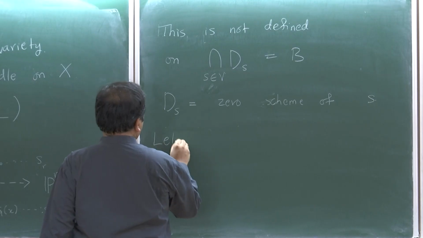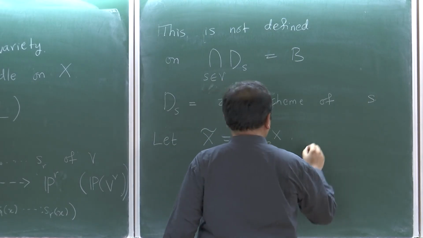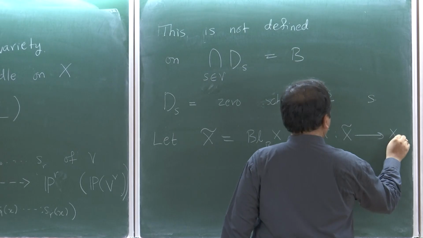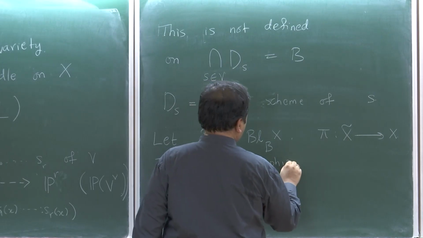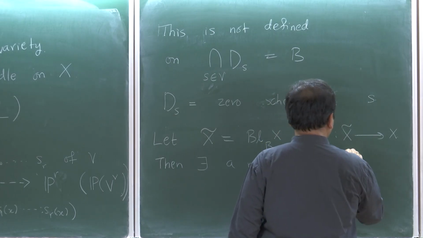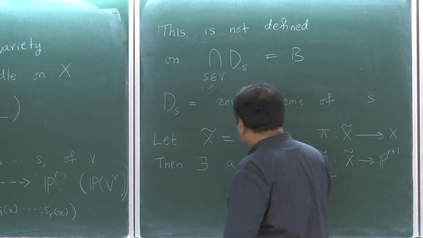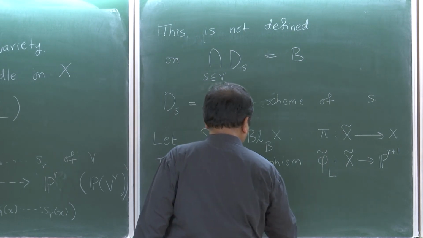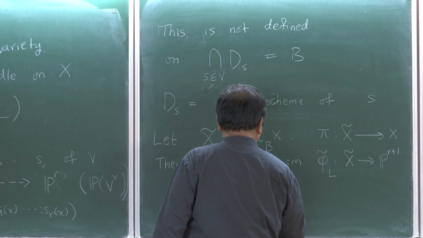Let X tilde be the blow up of X at B, with pi from X tilde to X. Then there exists a morphism phi L tilde from X tilde to projective space such that this thing commutes: X tilde into X into P^r, with phi L tilde.